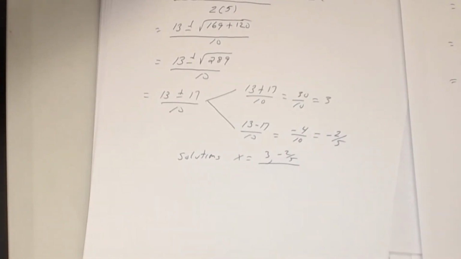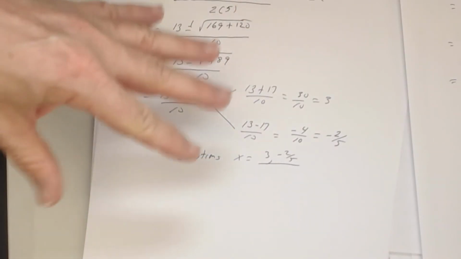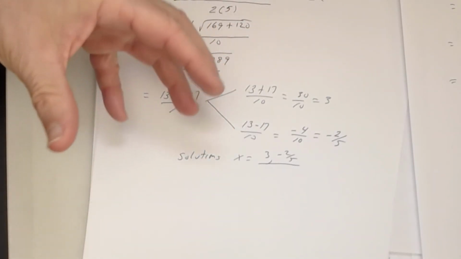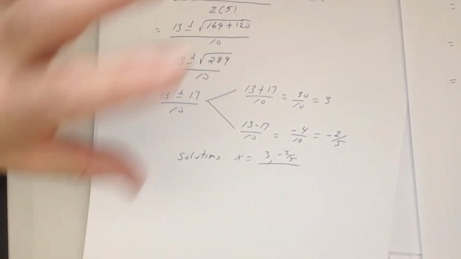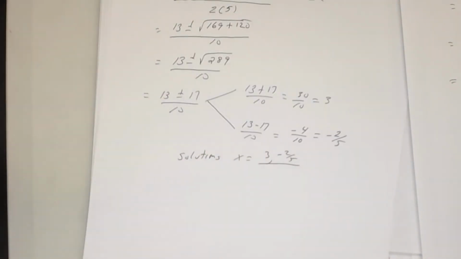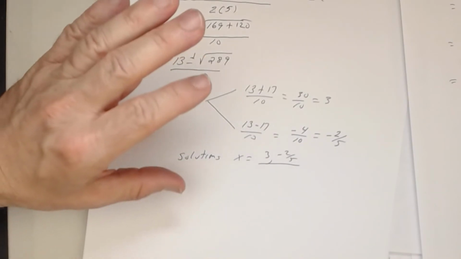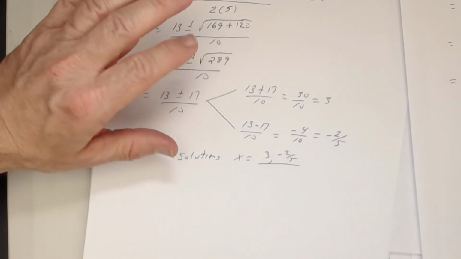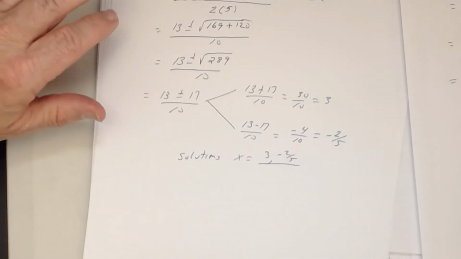All right, now let's do one more with this. Now notice that all of the radicands were perfect squares, right? Okay. So that's part one, where all the radicands are perfect squares. Let's look at this one.